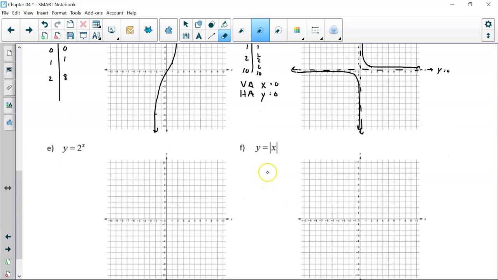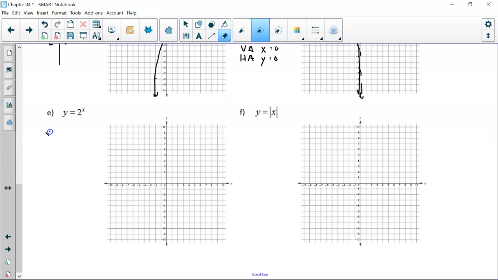For an exponential, 2 to the x, I'm going to pick some values around 0: -2, -1, 0, 1, 2, and 3. 2 to the -2 is 1/4. 2 to the -1 is 1/2. 2 to the 0 is 1. 2 to the 1st is 2, then 4, and then 8.